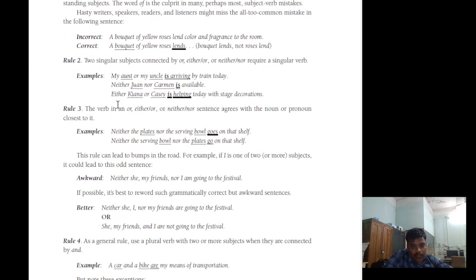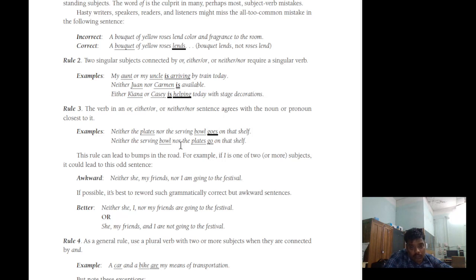Rule 3. The verb in an or, either or, or neither nor sentence agrees with the noun or pronoun closest to it. Neither the plates nor the serving bowl goes on that shelf.